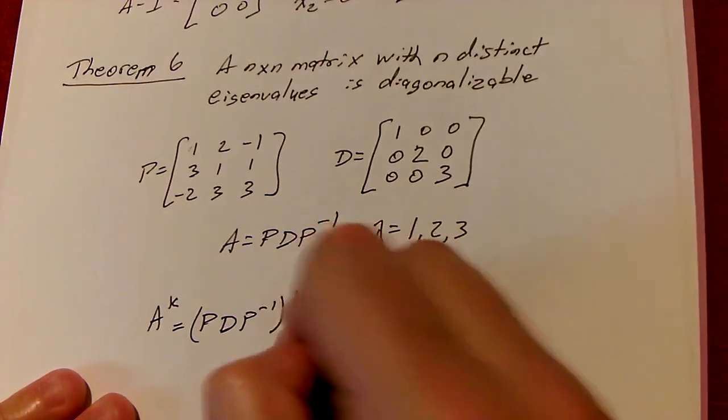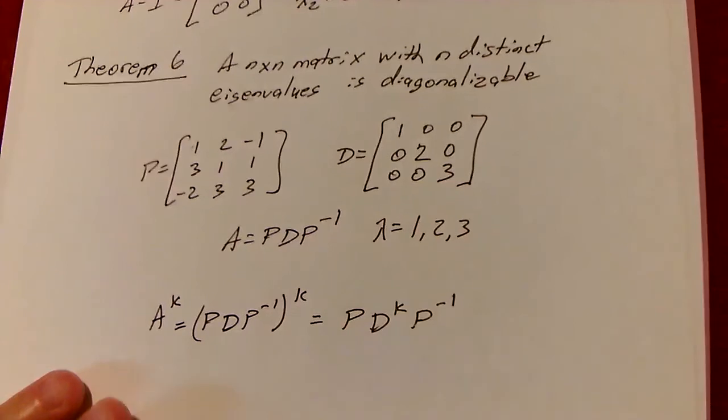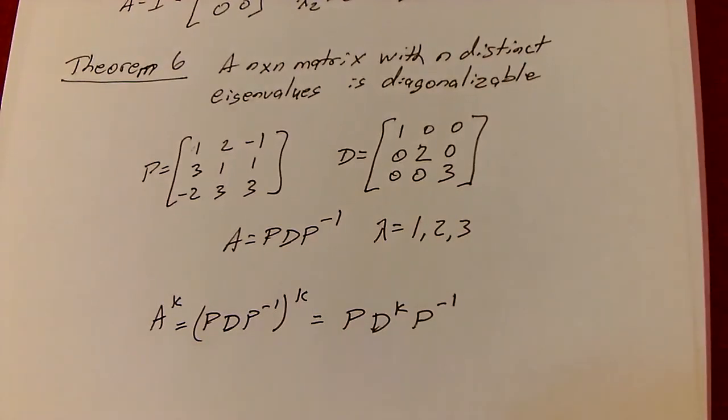what that means is I can bring that diagonal K into the D and take care of that K power, okay? PDP inverse then will not be an issue because all of my copies of P and P inverse will wind up canceling and making the identity, okay?